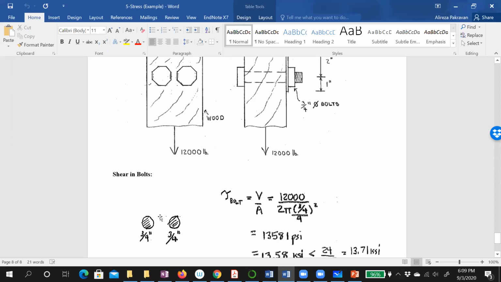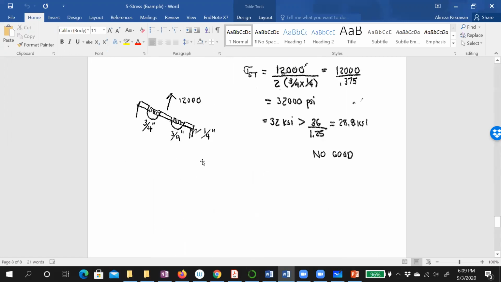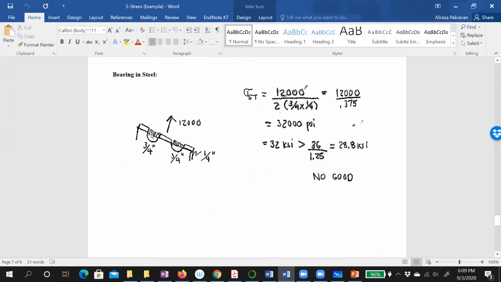Bearing is a common surface between the element and the bolt, right? And therefore, for the bearing, we just assume this part. Bearing, we cannot see the bearing in the bolt. We may say the bearing between the bolt and the wood, or bearing between the steel and the bolt, something like that, right?